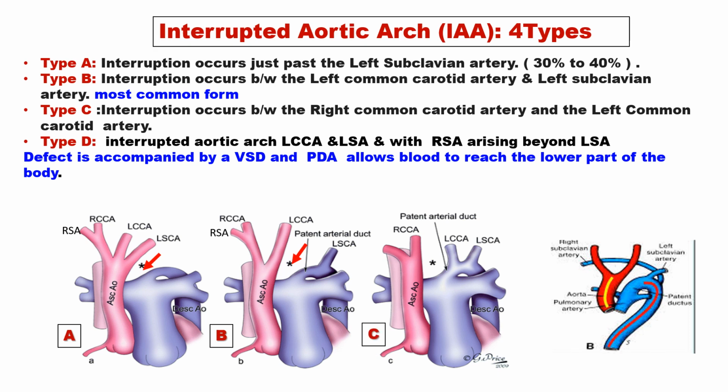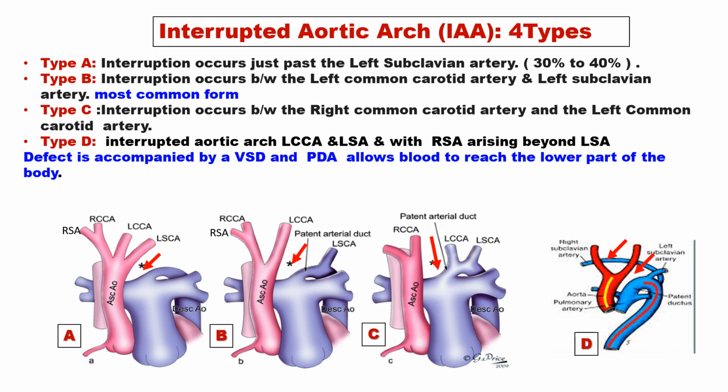Type C, interruption between the right common carotid and the left common carotid. And type D interrupted aortic arch is between the left common carotid and left subclavian artery, with the right subclavian artery arising beyond the left subclavian artery.